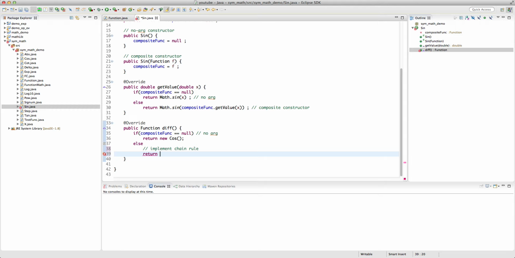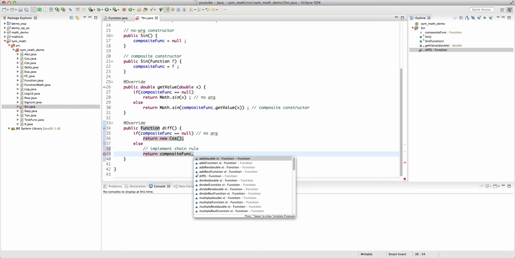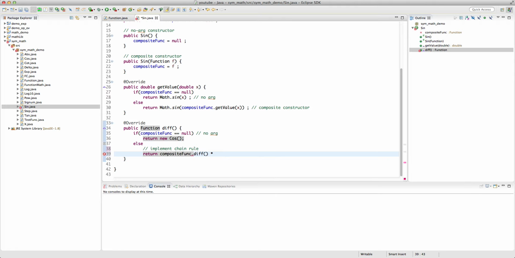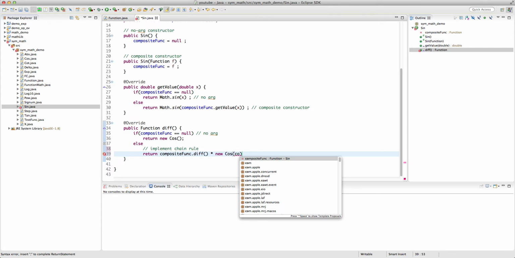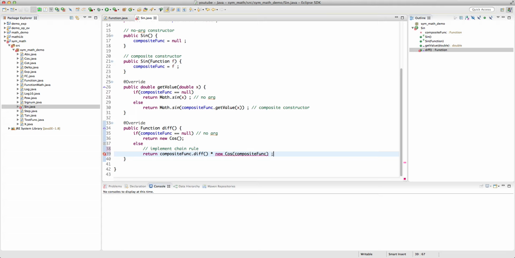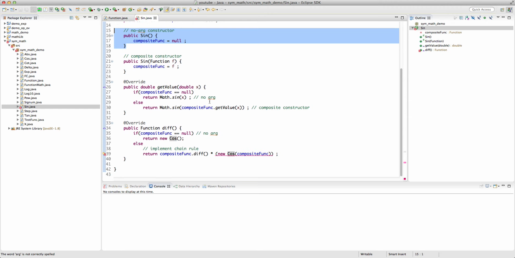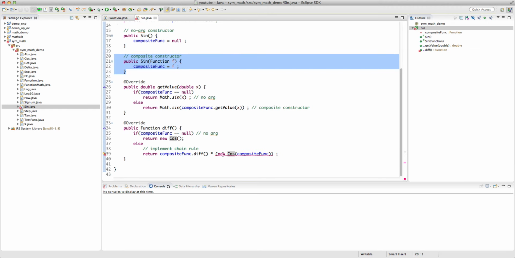So in the chain rule we say composite func.diff times new Cosine of composite func, because I already know that the derivative of sine is cosine, so I invoke the composite constructor of Cosine.